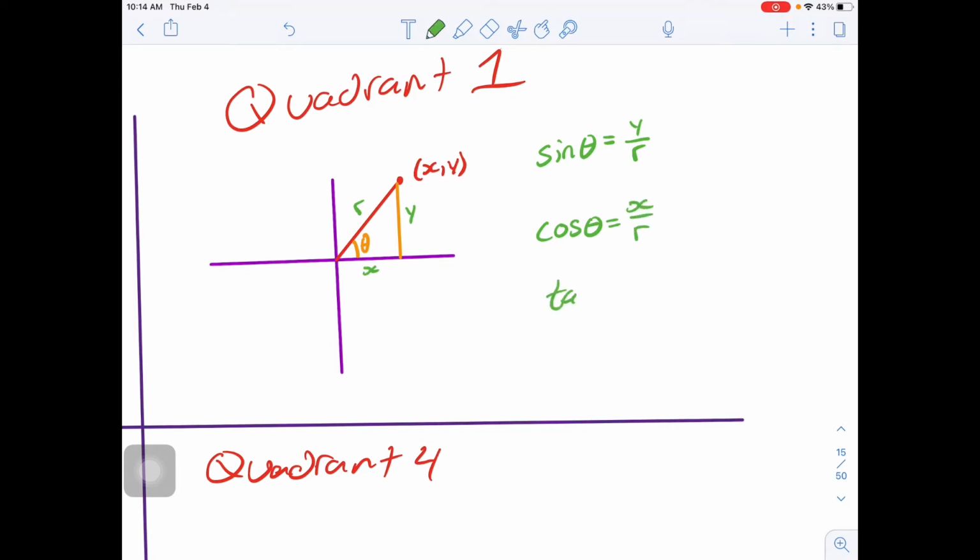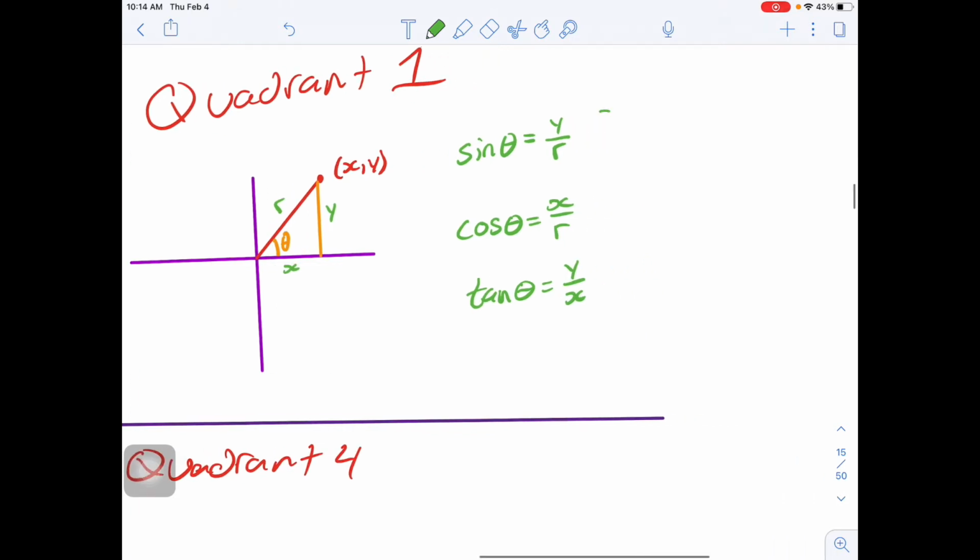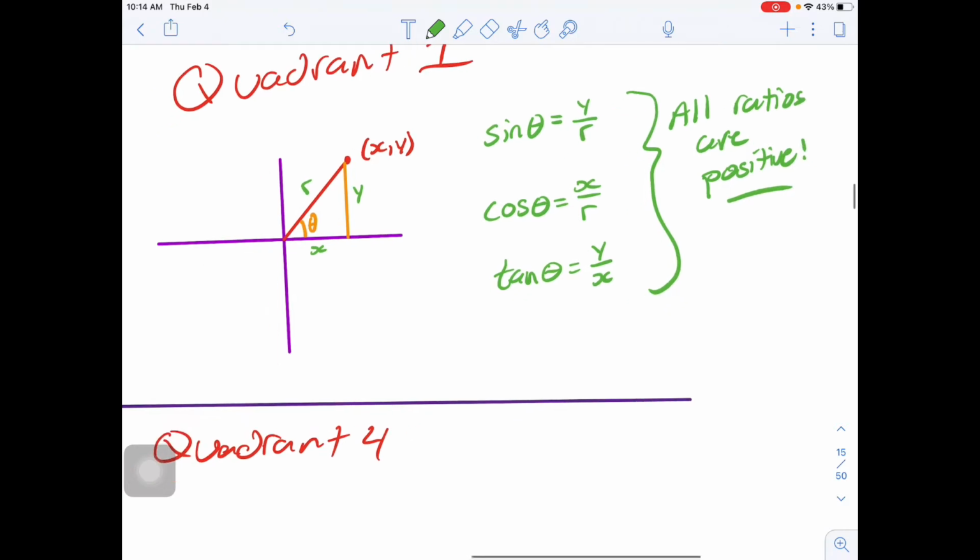And tan angle would be opposite, so y over adjacent, which is x. Some things to note here is all of these values are positive. All ratios are positive. And why is that? Because y is positive, x is positive, and r is always positive.